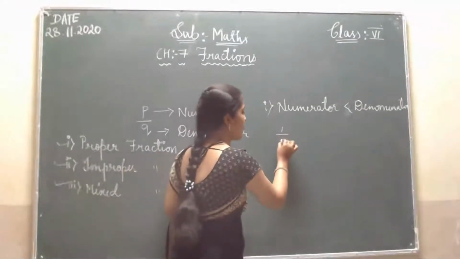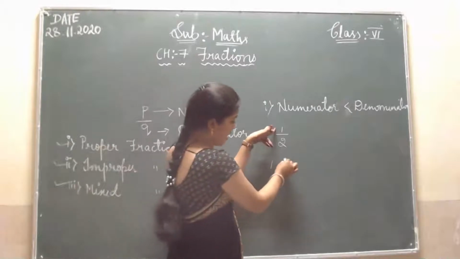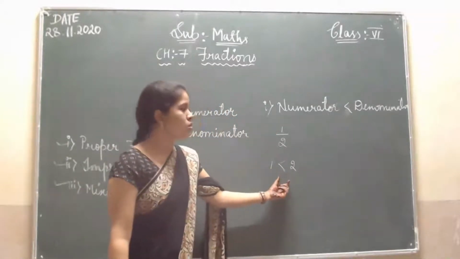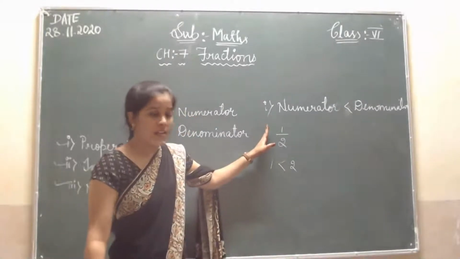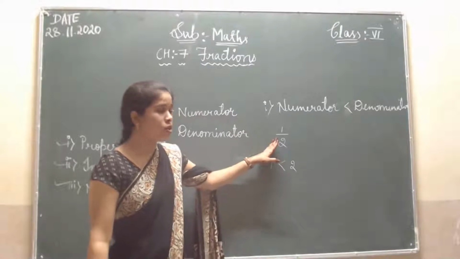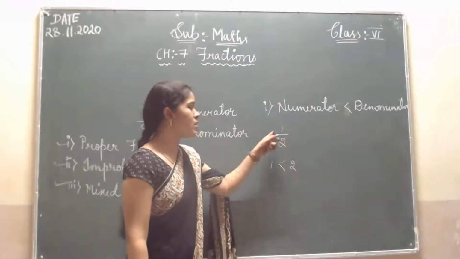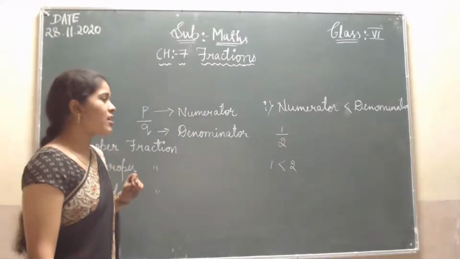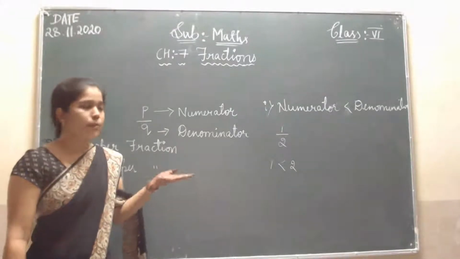See, for example, 1 by 2. Here 1 is the numerator and 2 is the denominator. So 1 is less than 2, so this is a proper fraction. The numerator has a lesser value compared to the denominator. A numerator less than the denominator is nothing but a proper fraction.